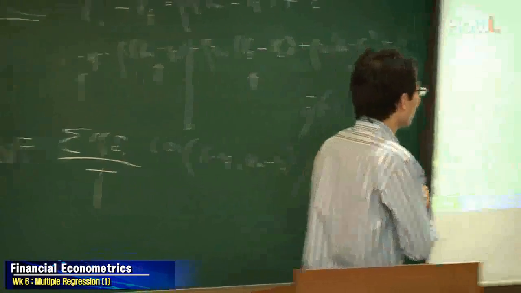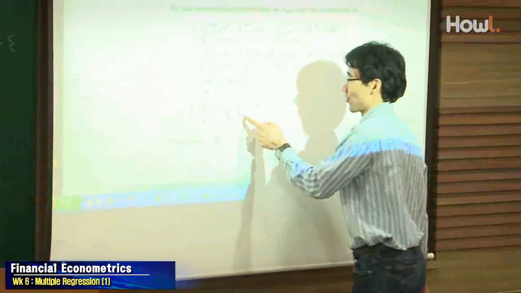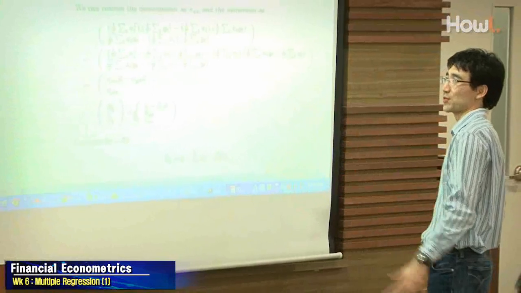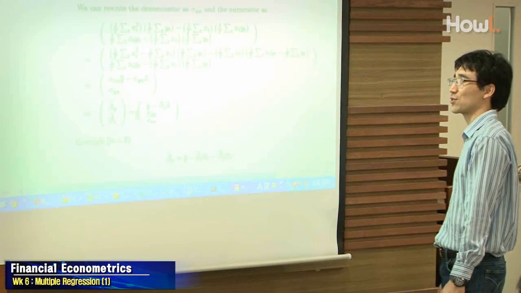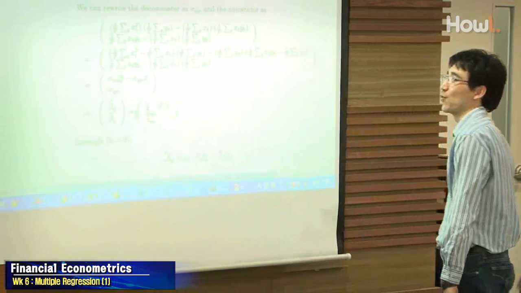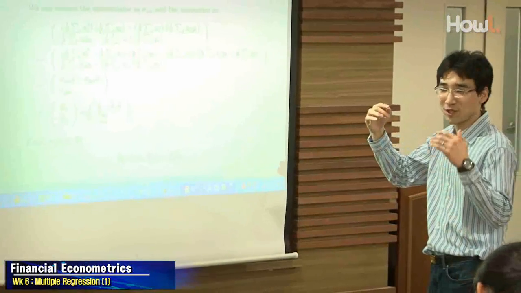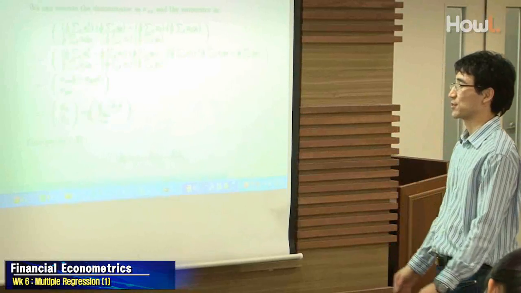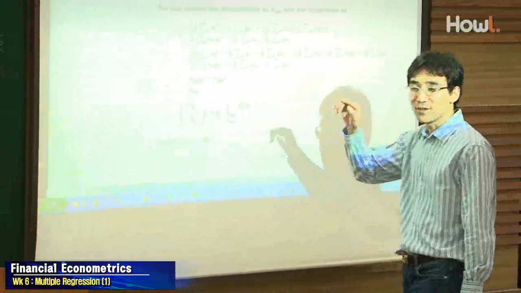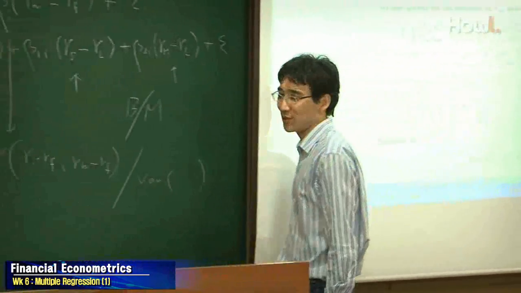So here, beta 1 is the ratio of the covariance between y and x and the variance of x. And beta 0 is simply y bar minus beta 1 times x bar, where y bar and x bar are the sample mean of y and the sample mean of x. So when n equals 1, it is easy to write it down.